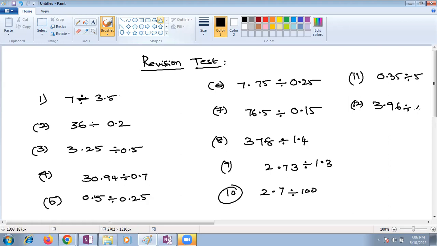3.96 divided by 4. The 13th was 0.80 because every day we are not writing anything.